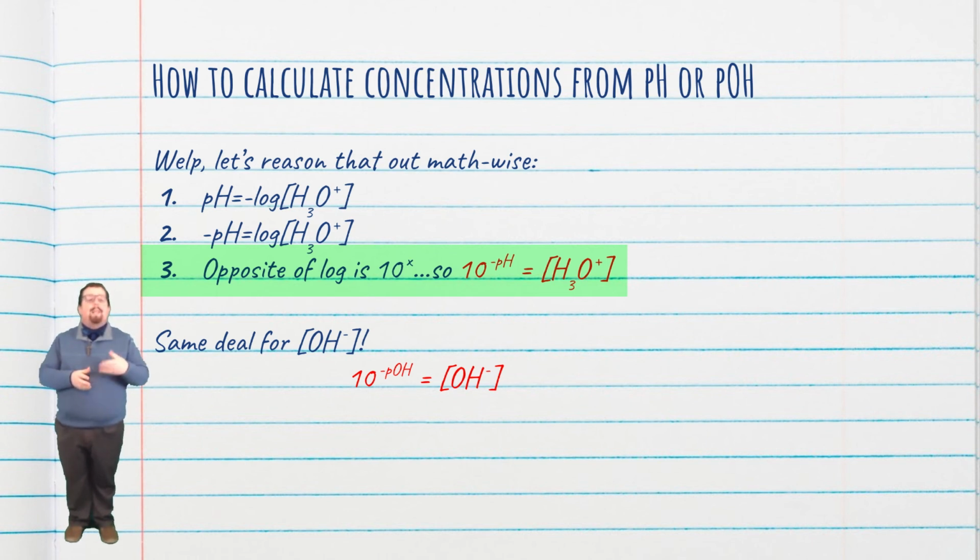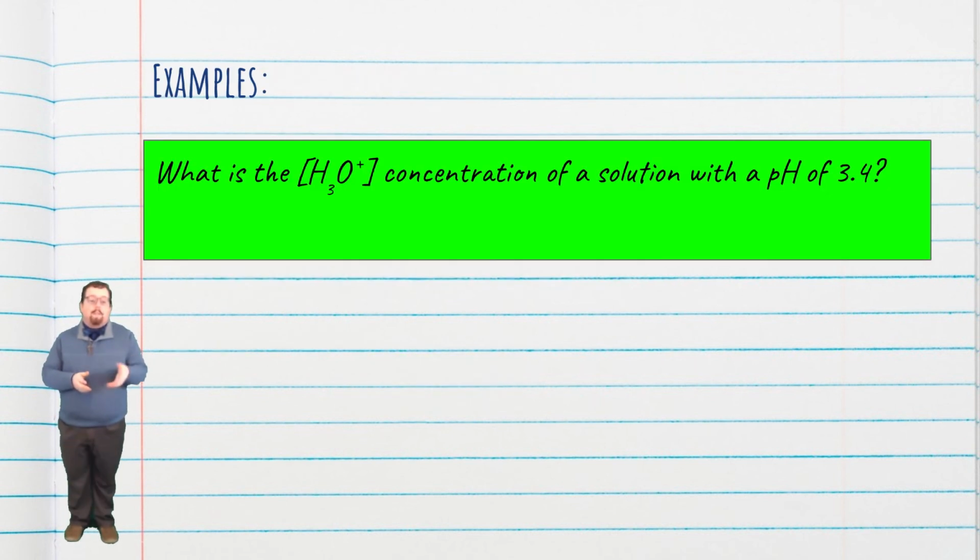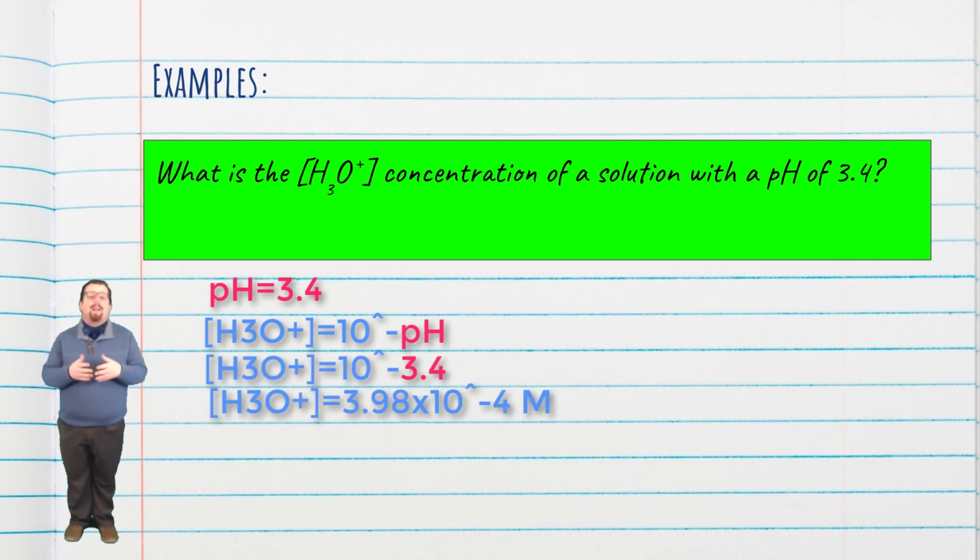So if I have the pH and I want to find the H3O plus concentration, we simply take 10 to the negative pH. Same goes for pOH and the OH concentration. So for this example, if we know our solution has a pH of 3.4, we take 10 to the negative 3.4 to find that our hydronium ion concentration is 3.98 times 10 to the negative 4 molar.